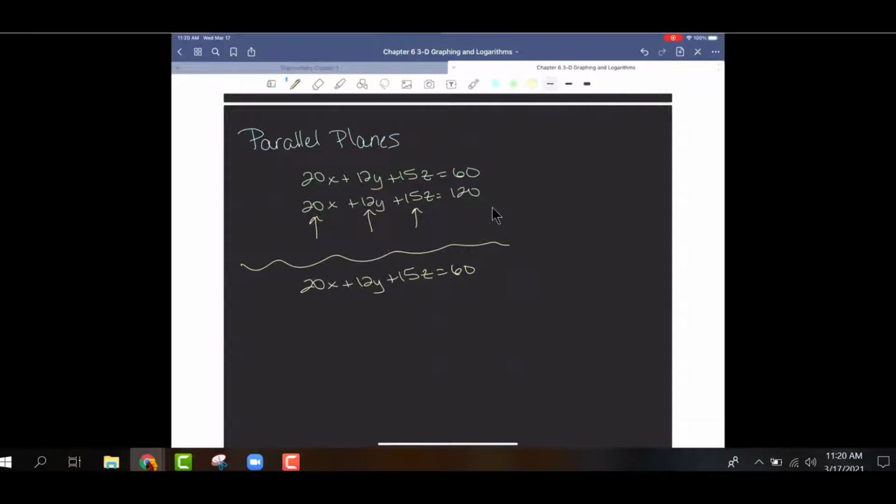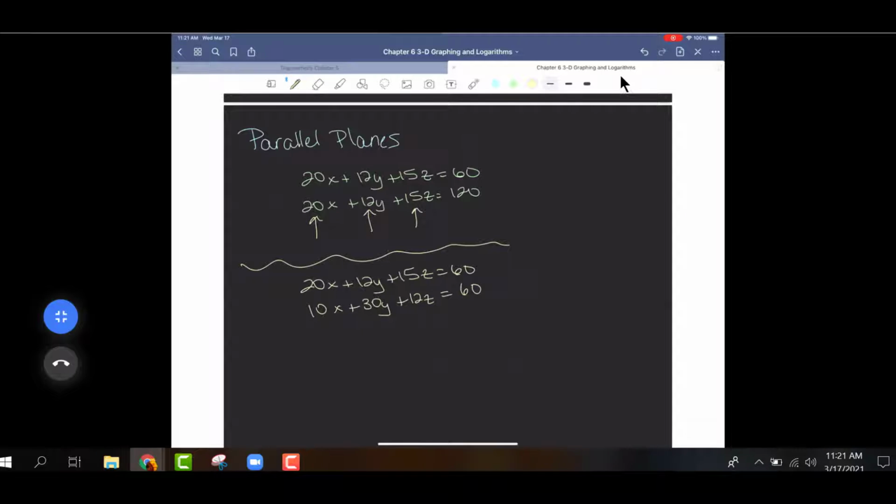And I don't know, let's go with a 10x plus 30y plus 12z. But now I'm going to say that that equals 60. So now what they equal is going to be the same. My coefficients are not going to match up, but my D is going to be the same.